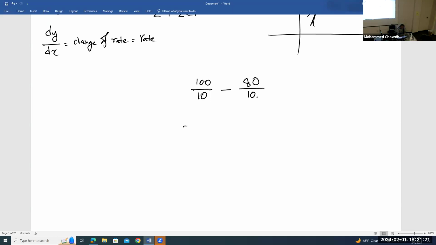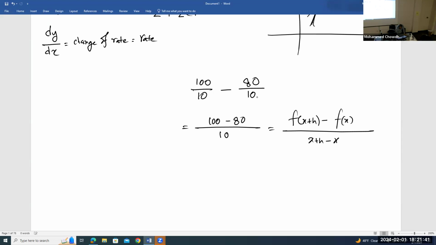Now can I write it this way? This is 10 and this is 100 minus 80. Okay. Now take a look at this. Can I write it this way? f of x plus h minus f of x divided by x plus h minus x. x was yesterday, x plus h is today.